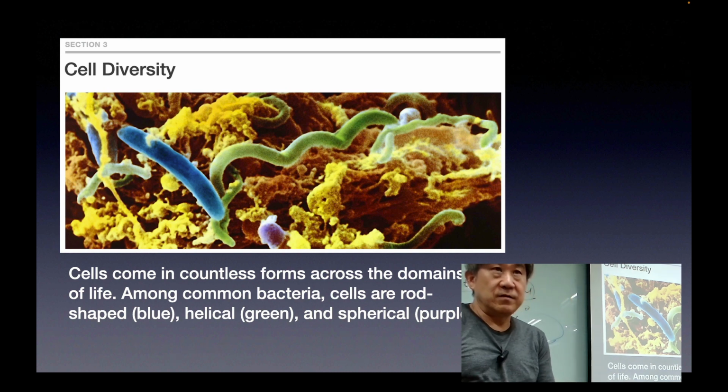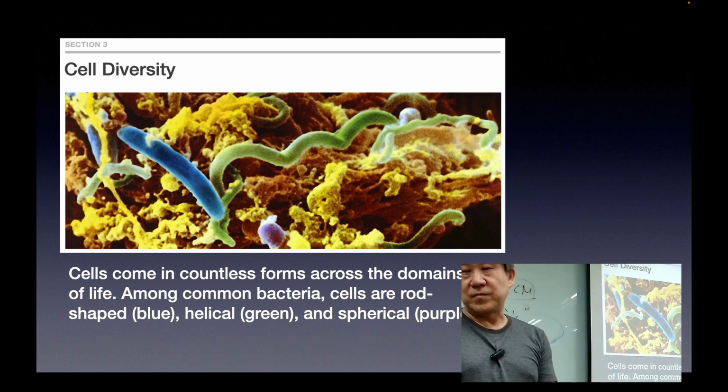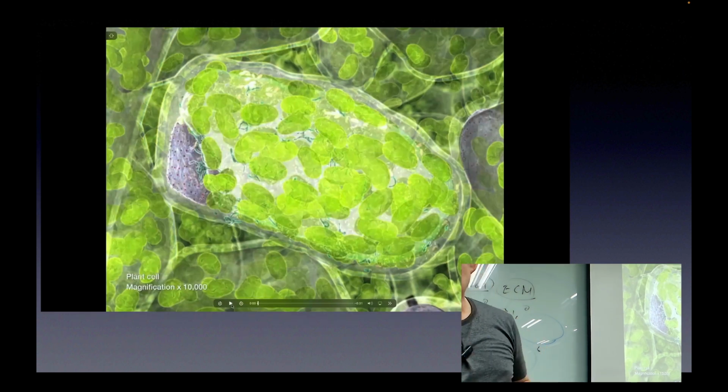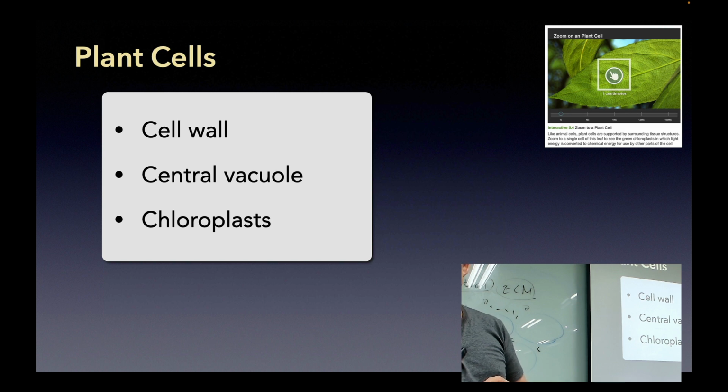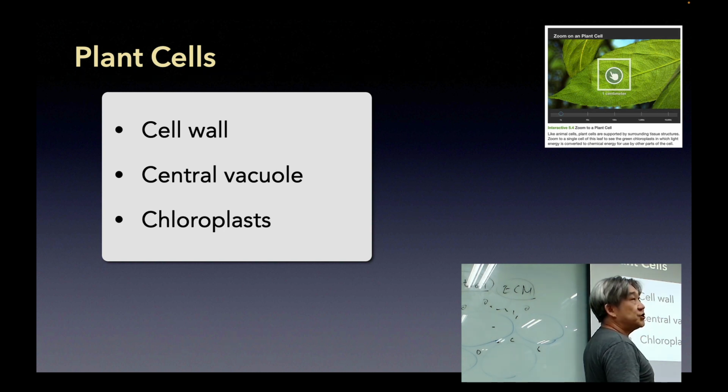So now we can move on to observing different forms of cells. Plant cell, yeah, everybody knows. Plant cells have three structurally different features.